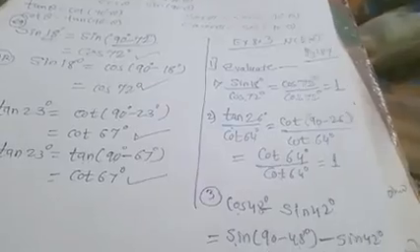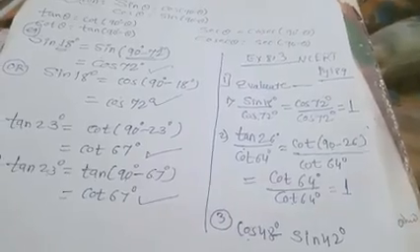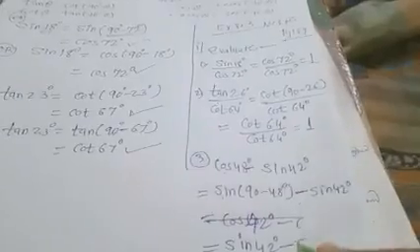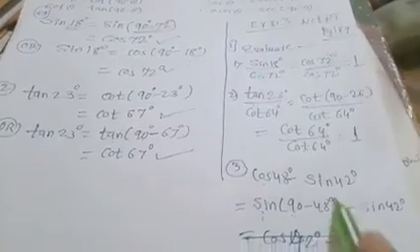Means it is cos 42 minus sin 42. Clear? Cos 48 is sin 90 minus 48. 90 minus 48 is 42.